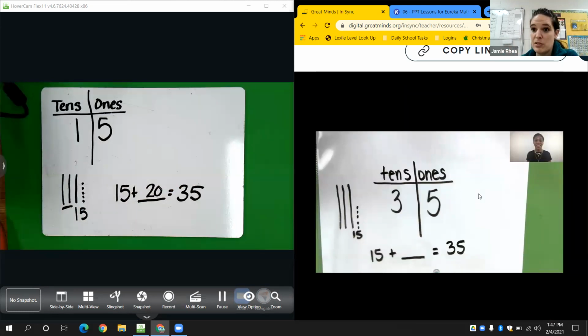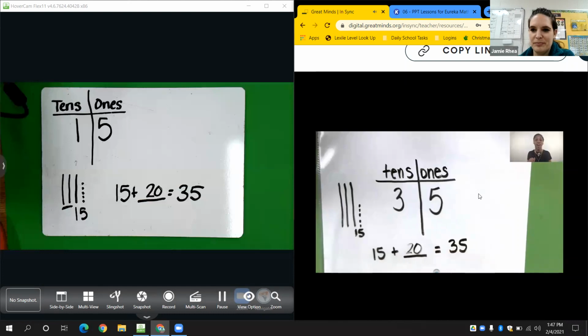Mathematicians, what did we add to 15 to get to 35? We added 2 10s, and 2 10s is the same as 20. Yes, we added 20. We added 2 10 sticks or 2 lines to represent those 10s in order to get to 35. So 15 plus 20 equals 35.